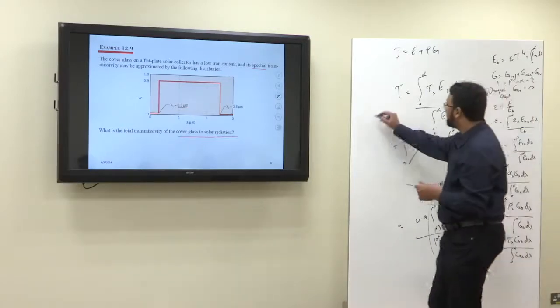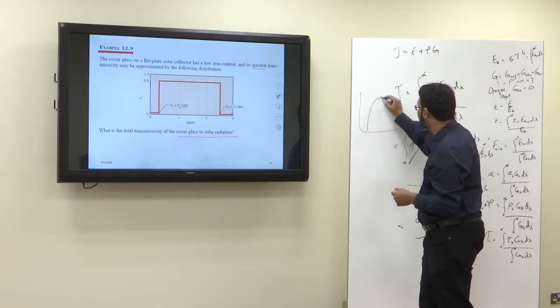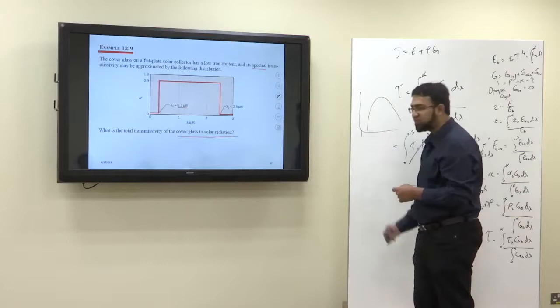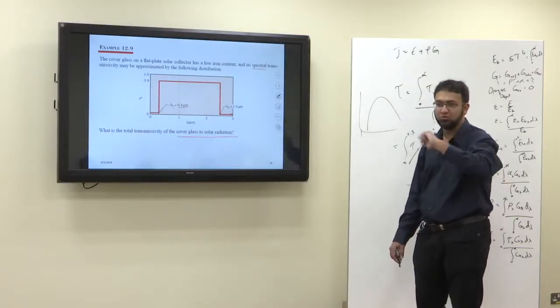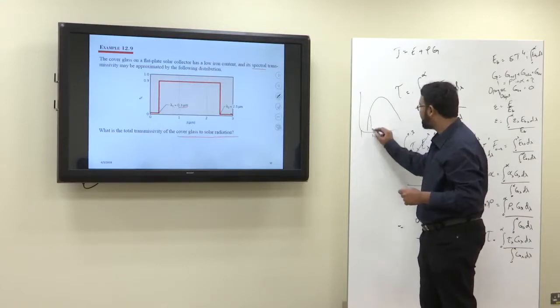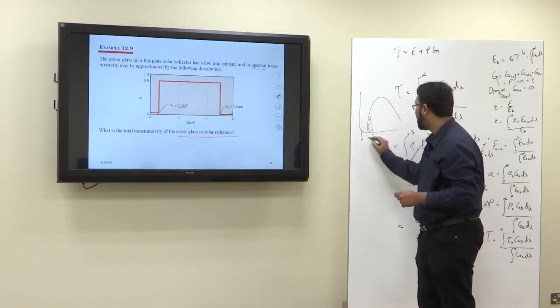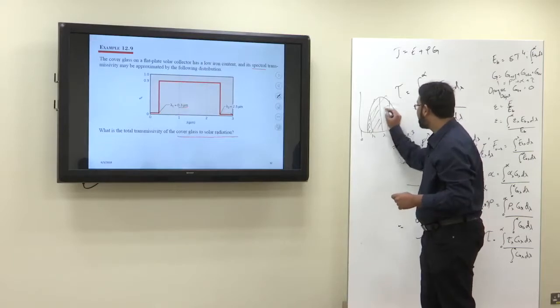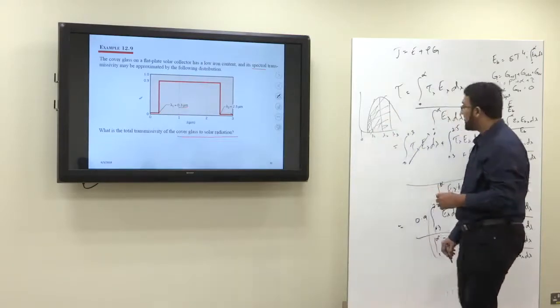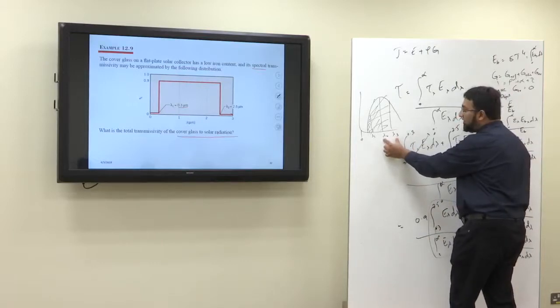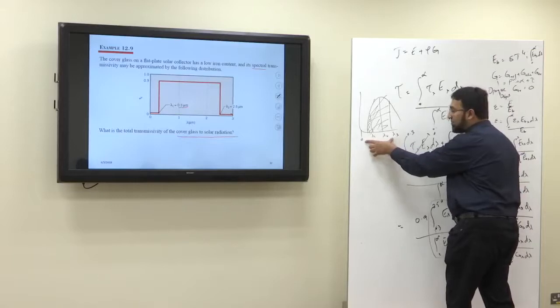This is how the energy content is, and all the fractions are given from 0. If I have 0 to lambda 1, this fraction is given. If I have 0 to lambda 2, this is given. If I have 0 to lambda 3, this is given. So if I want lambda 2 to lambda 3, the only way is to take 0 to lambda 3 minus 0 to lambda 2.